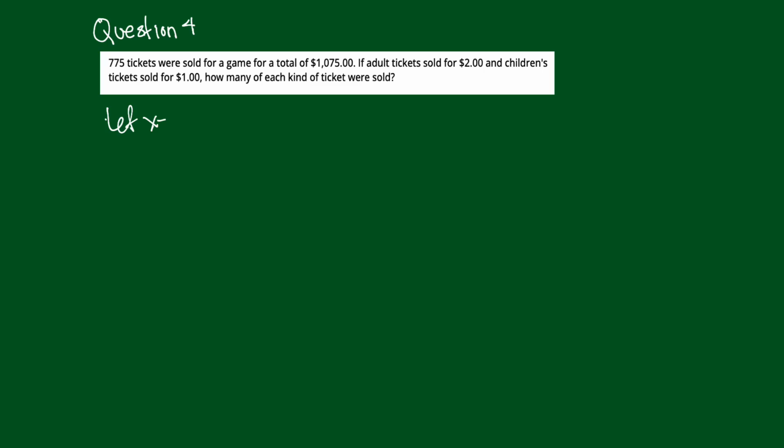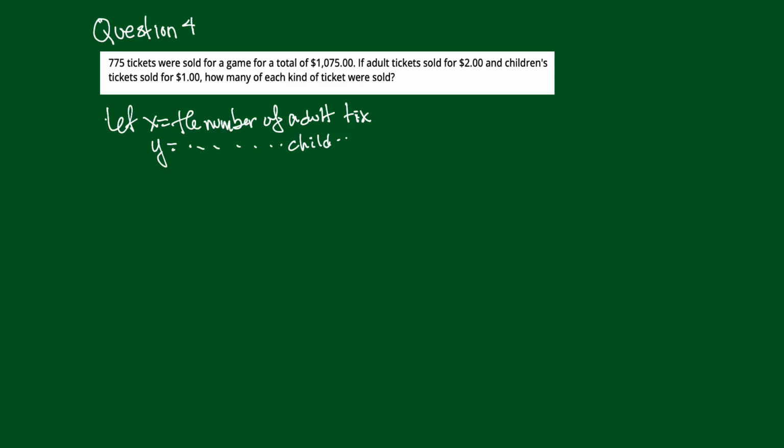Why don't I let x equal the number of, say, adult tickets, and y equal the number of child tickets. Now we need to get two equations because I've got two variables.